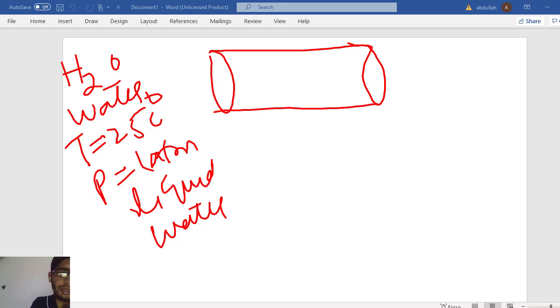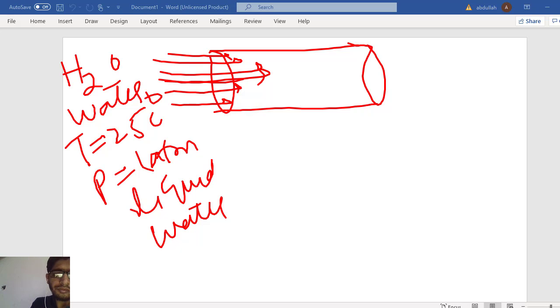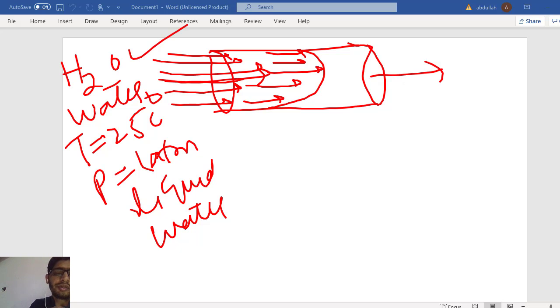It is flowing into the pipe. It will form a parabolic-like profile in the pipe. Now suppose this is the outlet and this is the water flowing into the pipe.